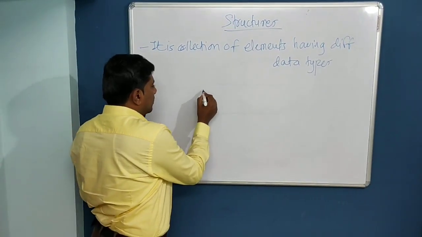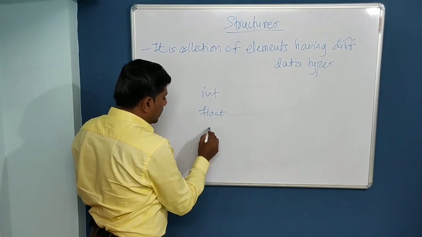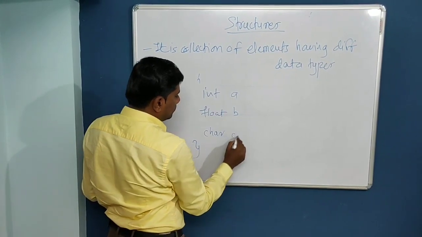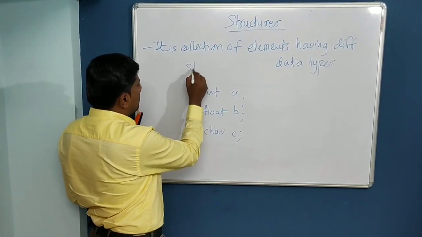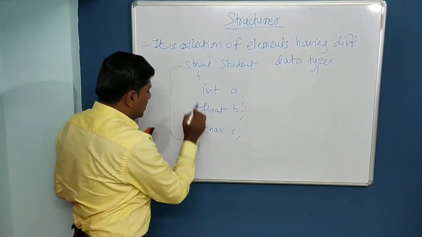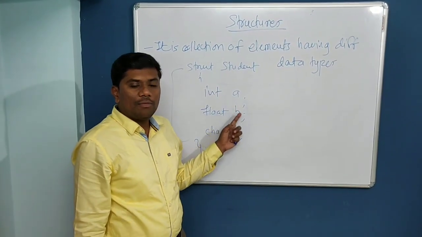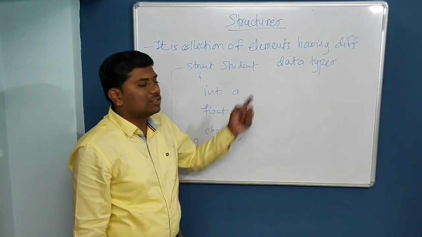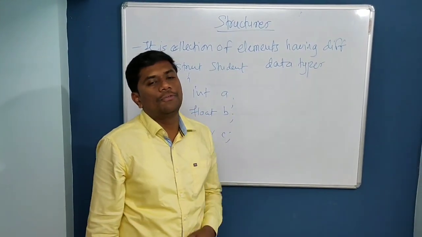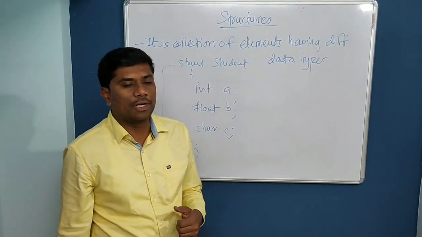See, we can take integer values, float values, and character values in a structure. Here we are combining integer, float and character values in a structure. So structure is a collection of elements having different data types.